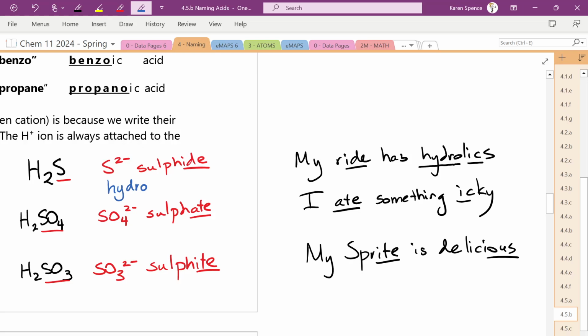So sulfide, we need to have the hydro and the ic. And because it's sulfur, sulfur needs the extra "ur". So instead of just sulfic, it's going to be hydrosulfuric acid.